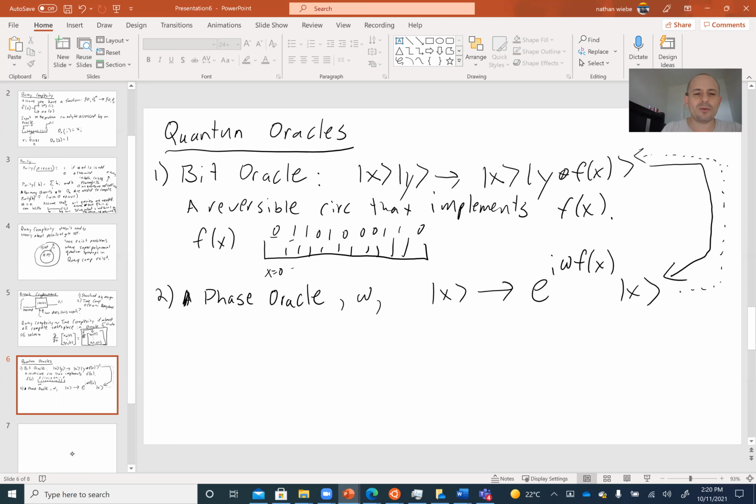Okay, so the third type of oracle, and this one actually does have a classical analog, is what's called an amplitude oracle.